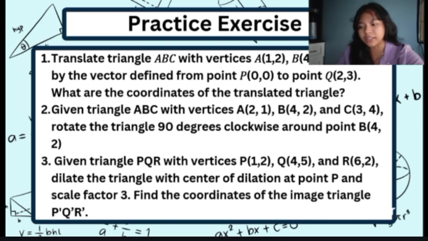Given the triangle PQR with vertices P (1, 2), Q (4, 5), and R (6, 2), dilate the triangle with the center of dilation at point P and scale factor 3. Find the coordinates of the image triangle P prime, Q prime, and R prime.